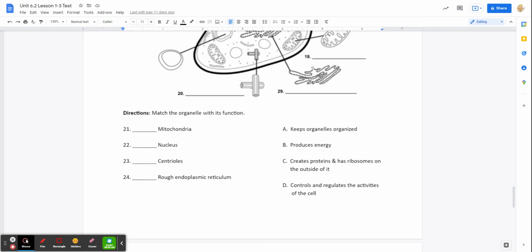C, this organelle creates proteins and has ribosomes on the outside of it. Which organelle creates proteins and has ribosomes on the outside of it? And the last one, D, controls and regulates the activities of the cell. Which one controls and regulates the activities of the cell, or otherwise known as the brain?